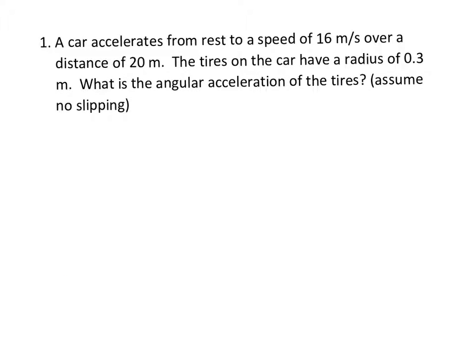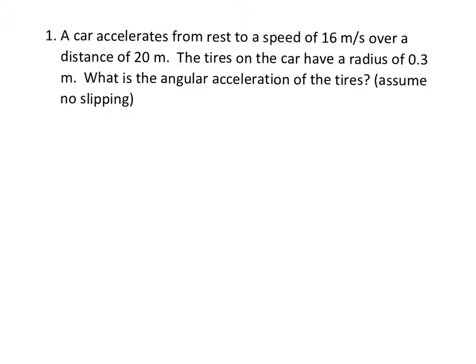A car accelerates from rest to a speed of 16 meters per second over a distance of 20 meters. The tires on the car have a radius of 0.3 meters. We want to know what is the angular acceleration of the tires, and we're going to assume that these tires aren't slipping. So they're just doing full rotations, no sliding. Given: it starts from rest, so V initial is 0 meters per second.